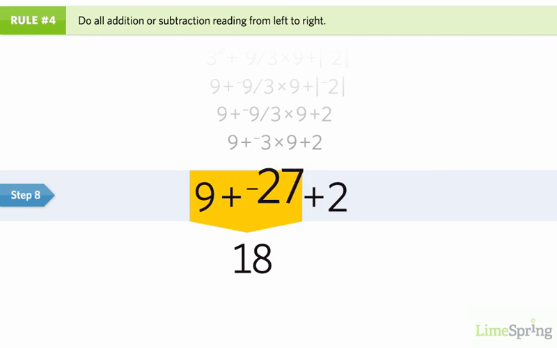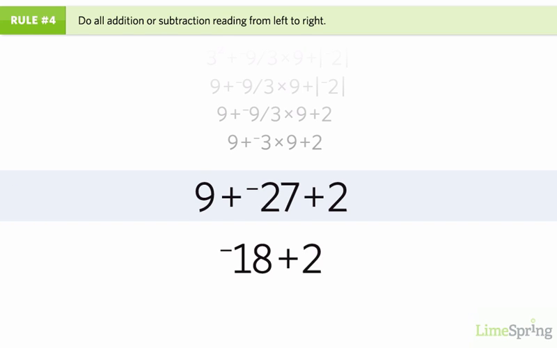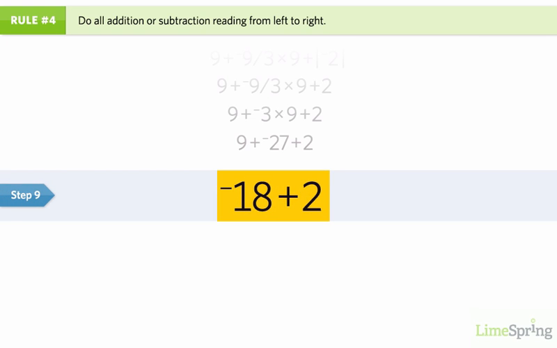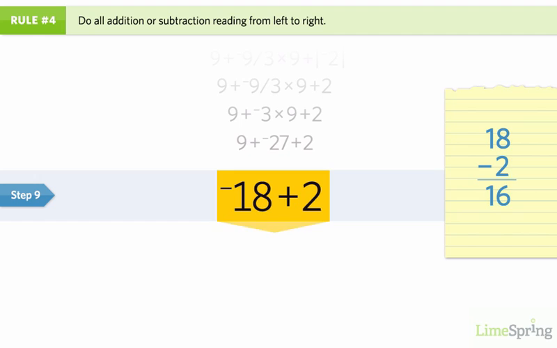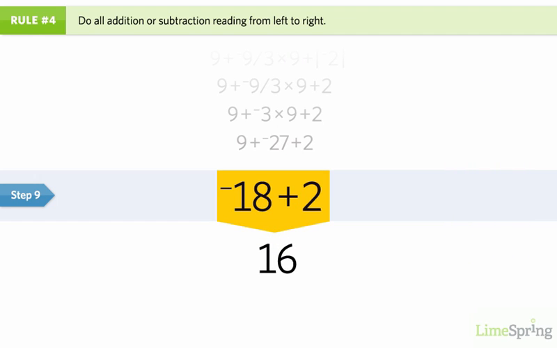And because 27, which is the larger number, is negative, we put a negative sign on 18 to get -18. Now we have the expression -18 plus 2. Again, we are adding numbers with different signs, so we subtract 18 minus 2 to get 16, and then take the sign of -18, which is negative, so we get -16 as our answer.